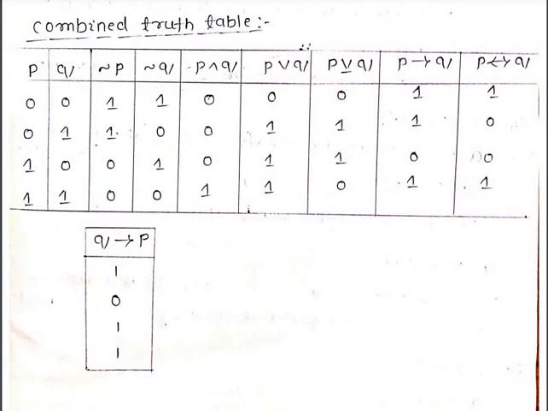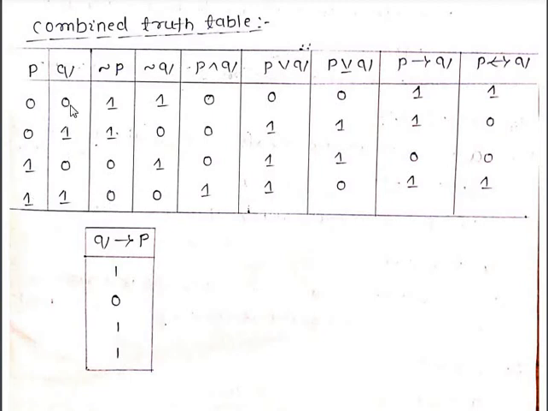Negation of P is nothing but, if P is 0, negation of P will be 1. P is 0, negation of P is 1. P is 1, negation of P is 0. P is 1, negation of P is 0.